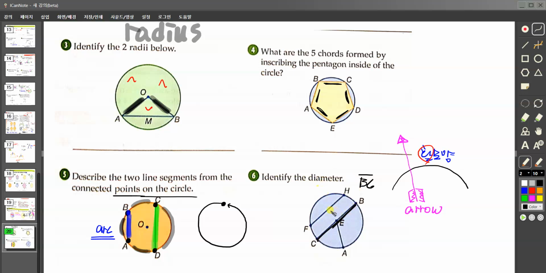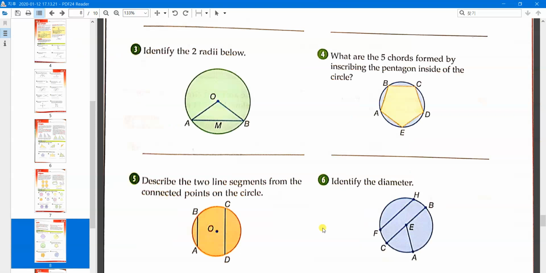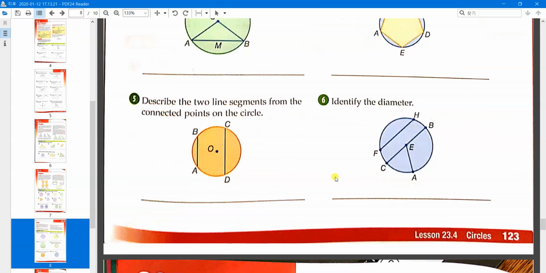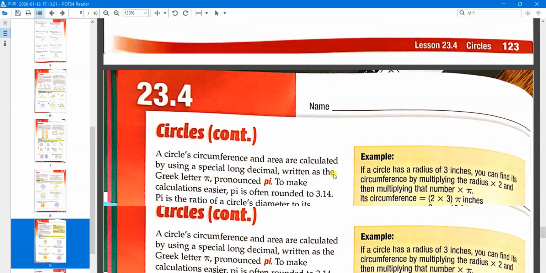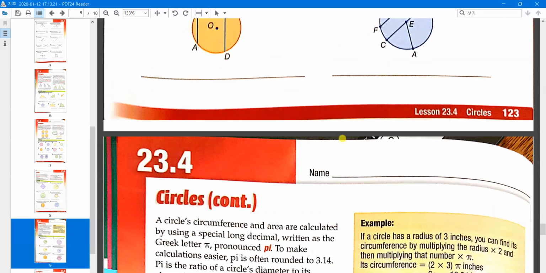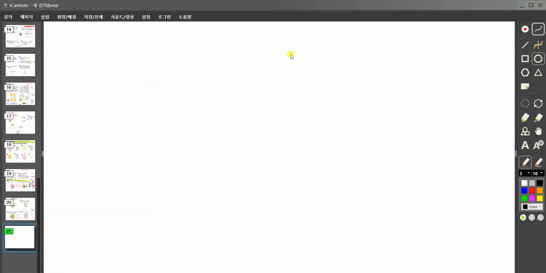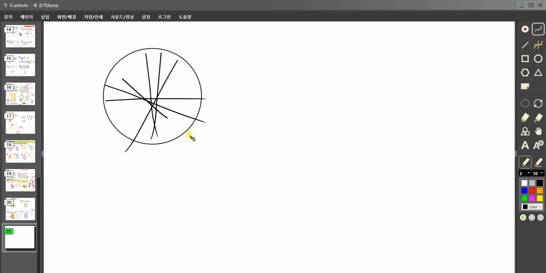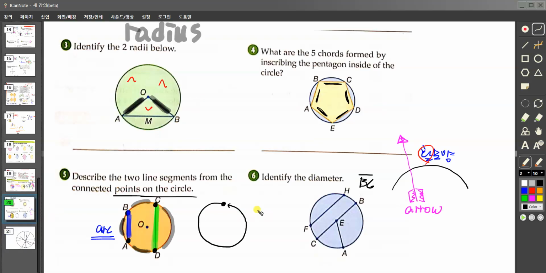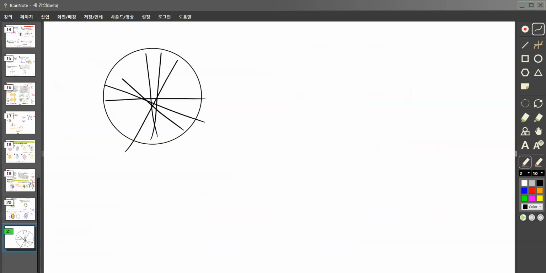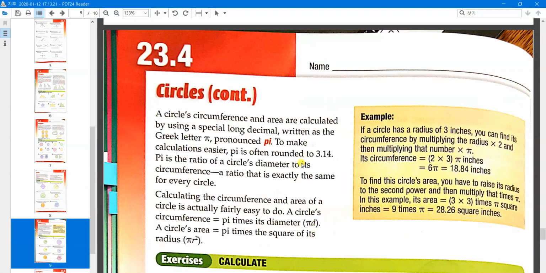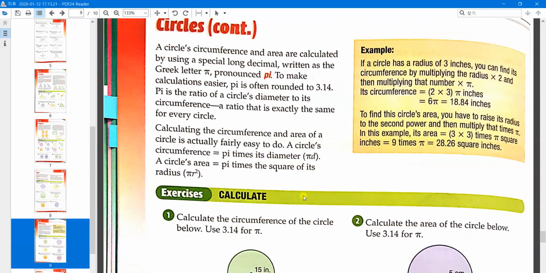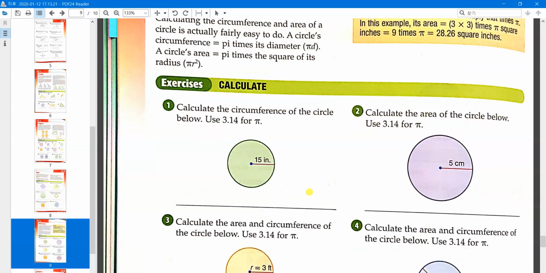It has only one diameter. In a circle there are so many diameters, but in this figure there is just one diameter.